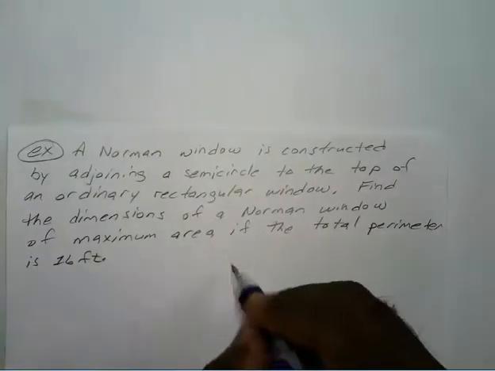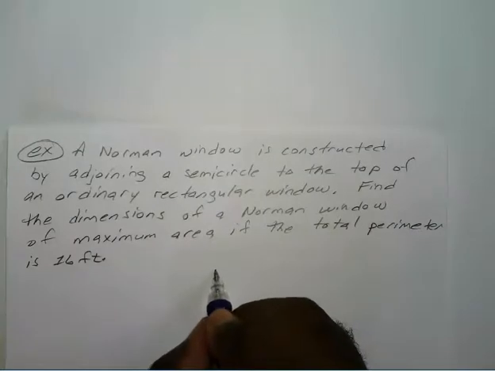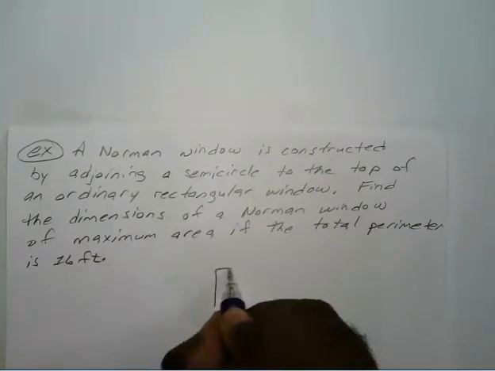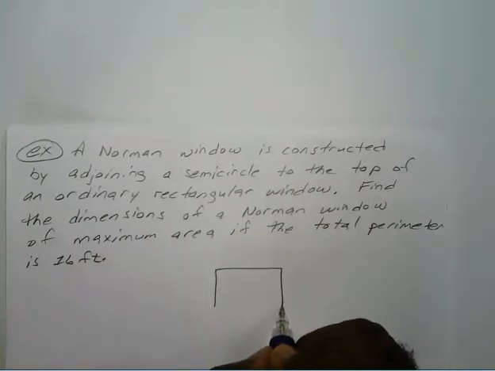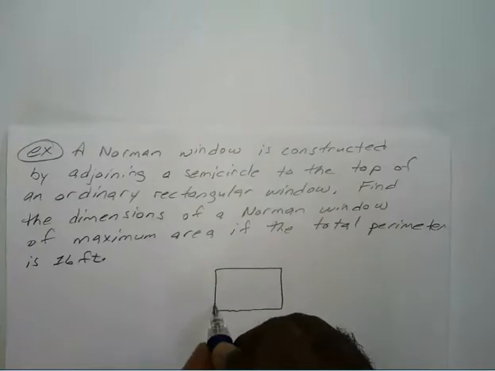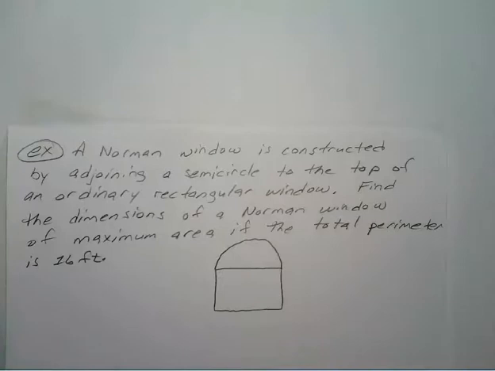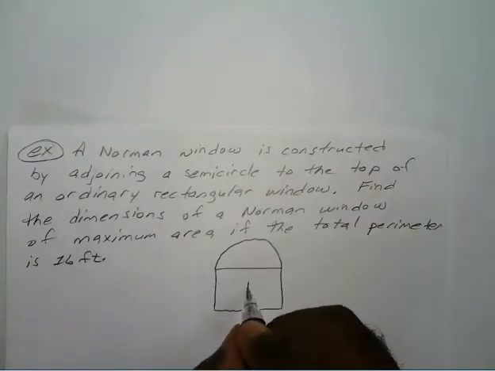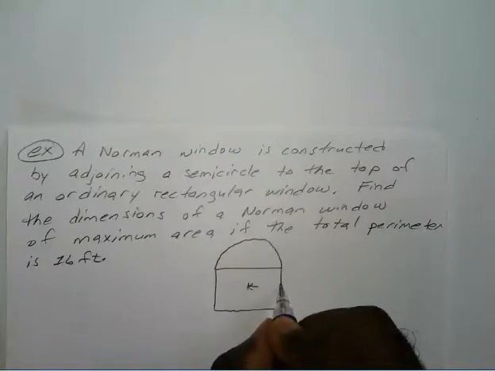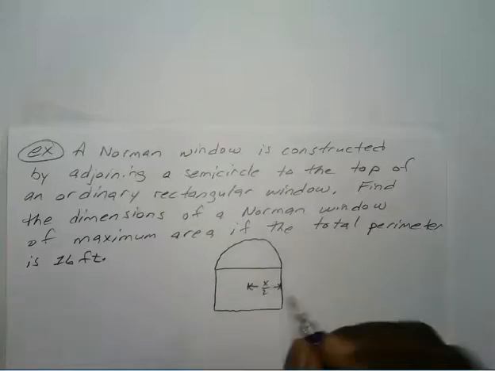All right, now a Norman window, just to give you an idea of what it would look like. You have a regular rectangular window on the bottom and a semicircle on top. Okay, now the dimensions for this one: from the center of the rectangular window to the edge is x over 2.